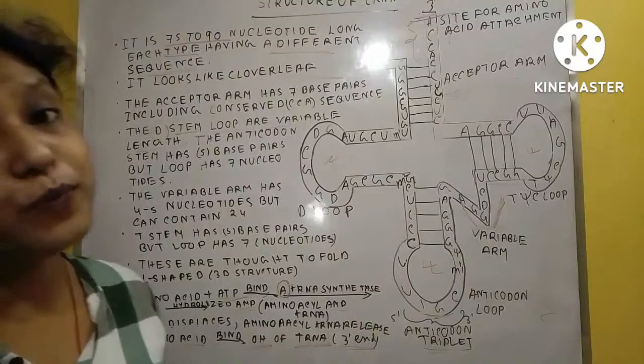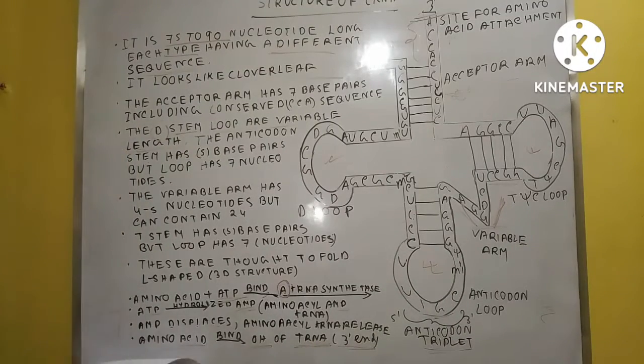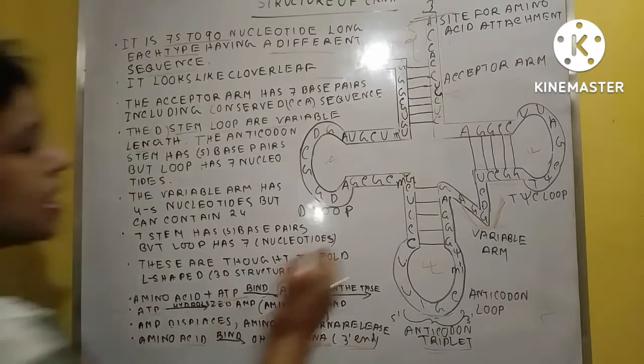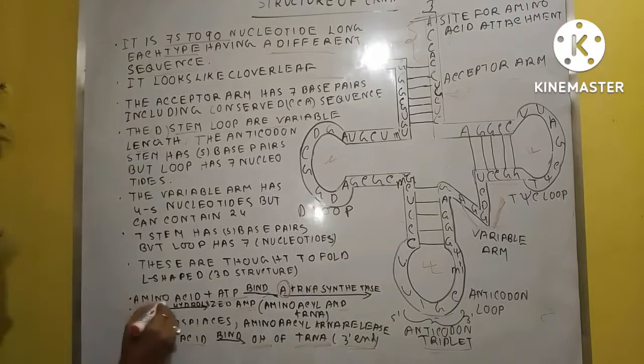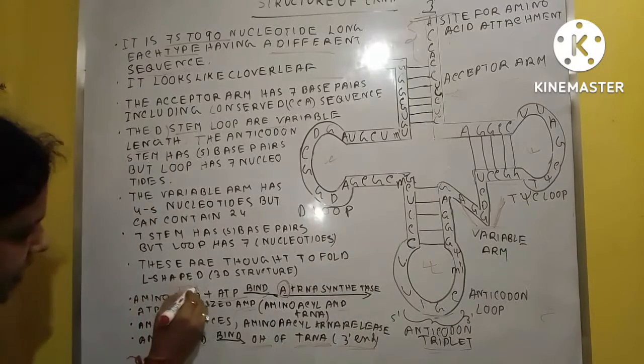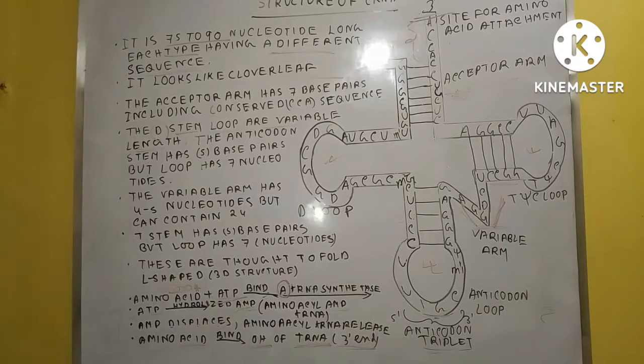The carboxyl group is also important. The carboxyl group of the amino acid, COOH, is very important for the binding. COOH group, and the hydroxyl group of the ribose of the adenine.